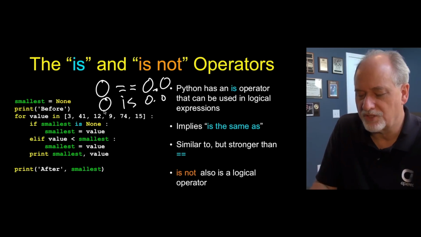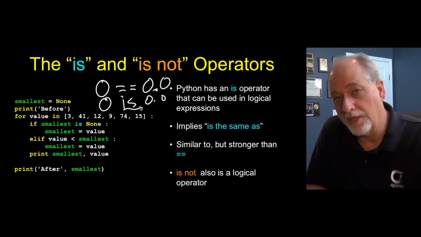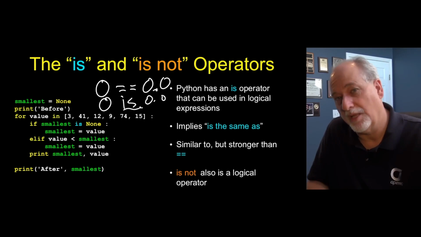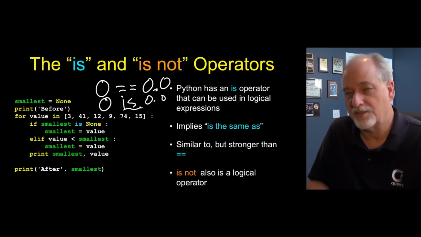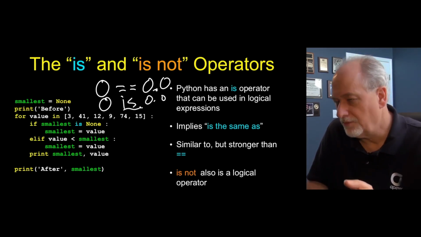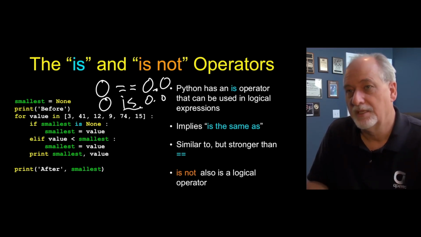So is is stronger than equals, meaning that it demands equality in both the type of the variable and the value of the variable, and no conversion is done. And so that's just very strong. Don't overuse is. If you're dealing with numbers or even strings, use double equals, don't use is, because sometimes it gets a little confusing.